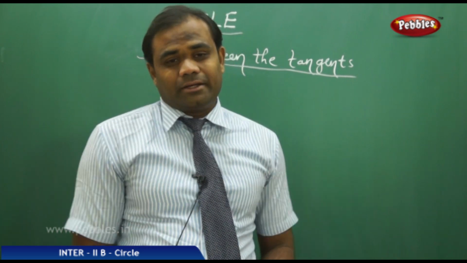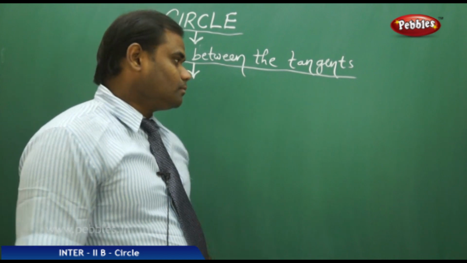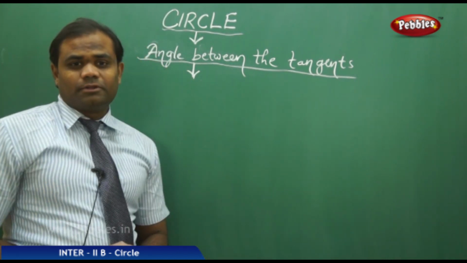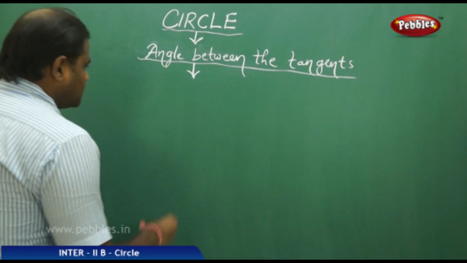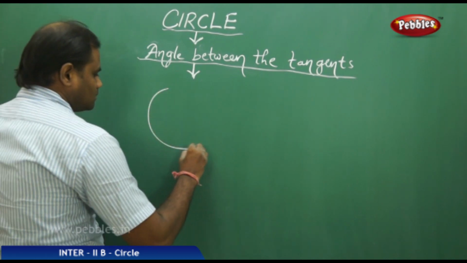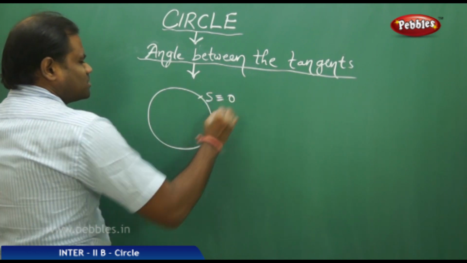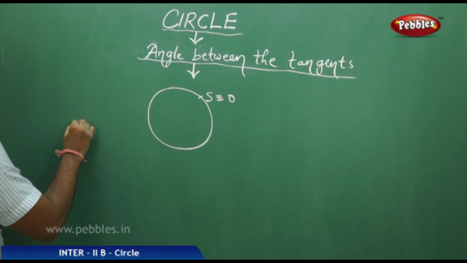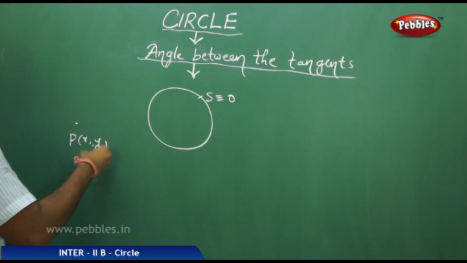Now let's see the angle between the two tangents for the circle S equal to 0. So how is the angle formed between the tangents is the biggest question out here. For example, I have a circle S equals 0 and I have a point P(x1, y1) outside the circle.